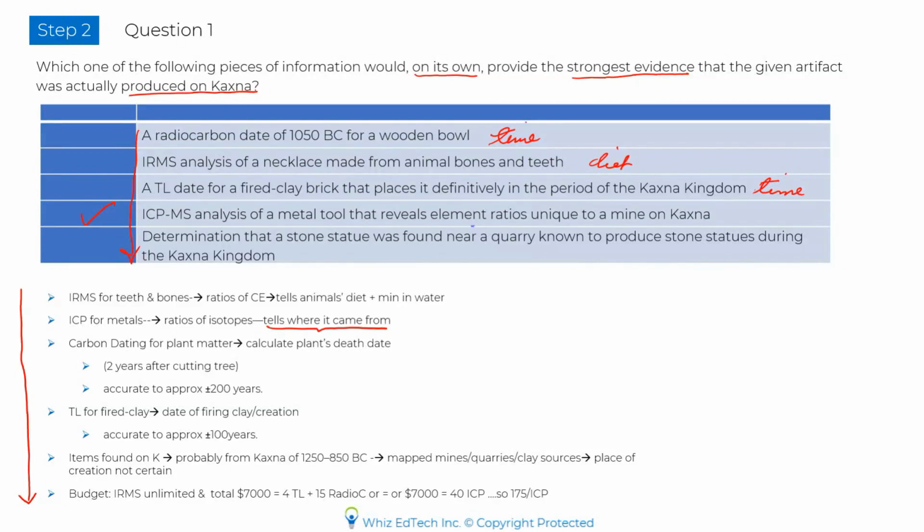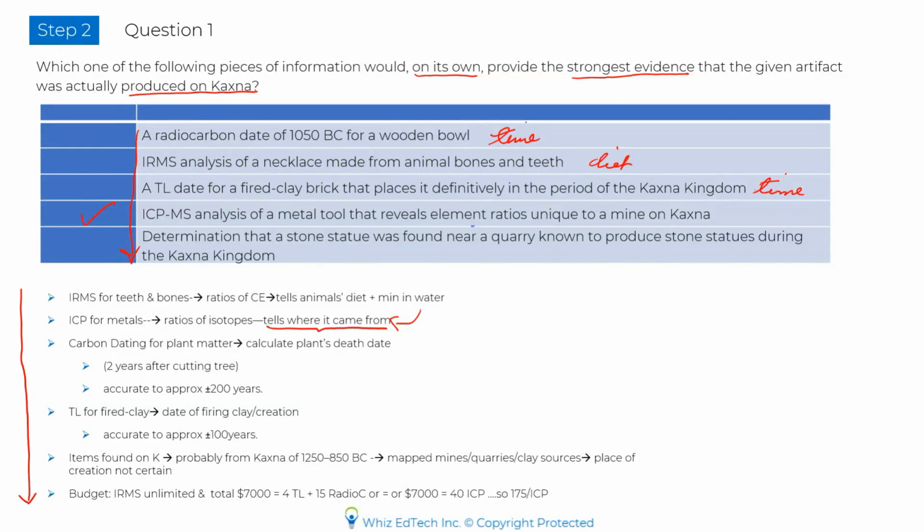In the exam, I don't even need to do all of this. But just to be sure, I run my eyes down and I realize that ICP metal reveals unique to mine on Kaksna. It also tells us from where it came. Therefore, ICP I mark and I move. Then a stone statue was found near a quarry known to produce stone statues during the Kaksna kingdom.